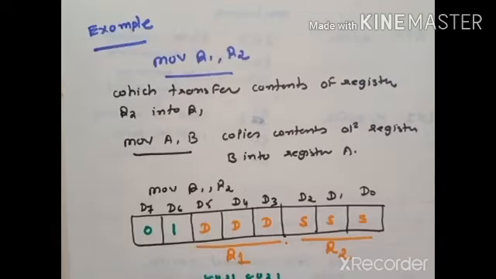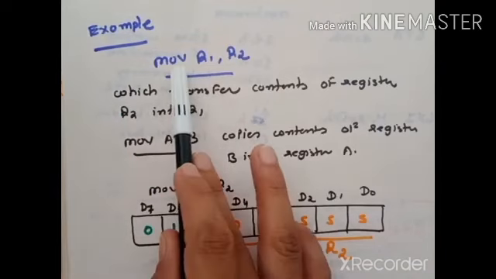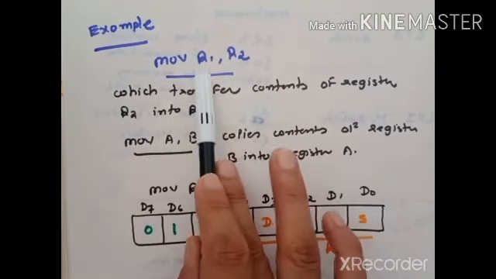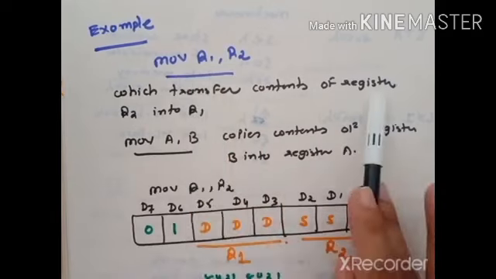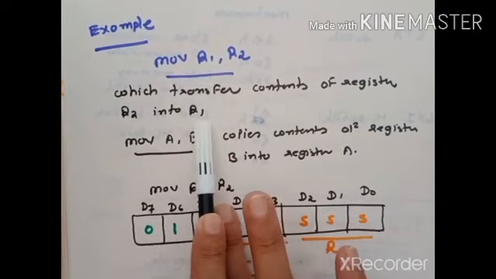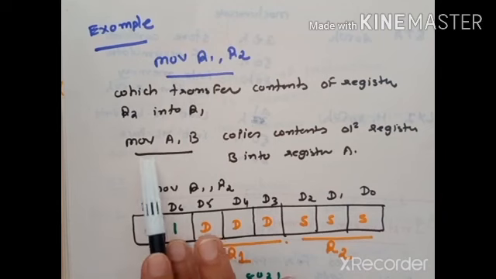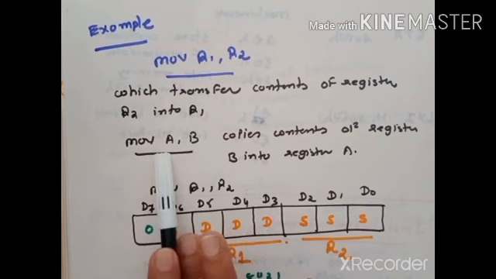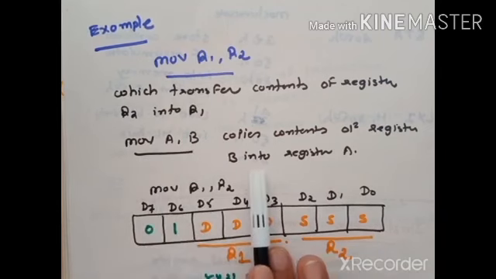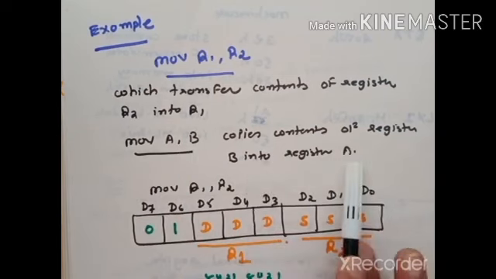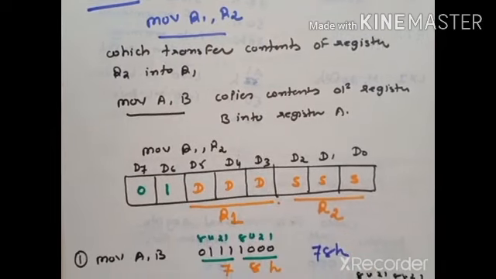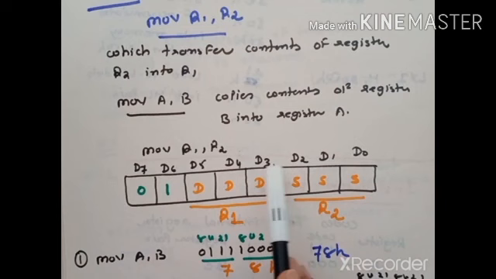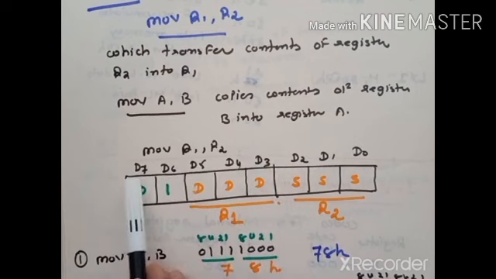Then an example of the instruction format: suppose MOV R1, R2, which transfers the content of register R2 into R1. For example, MOV A, B copies the content of register B into register A. For the hex code, this is 8-bit data, that is D0, D1, D2, D3, D4, D5, D6 and D7.